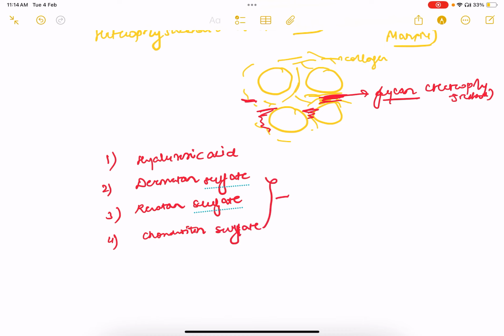These are all peptidoglycans which are present in our extracellular matrix. So this was all about the polysaccharides, homopolysaccharides and heteropolysaccharides.